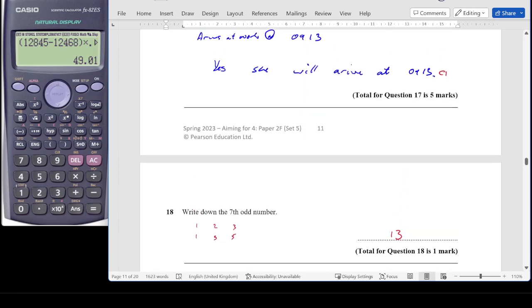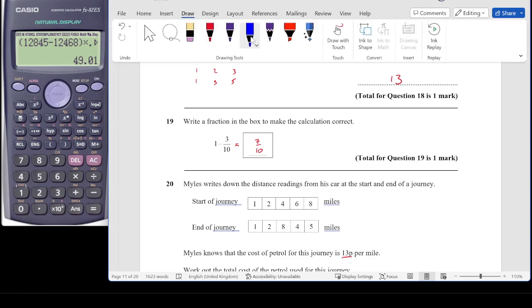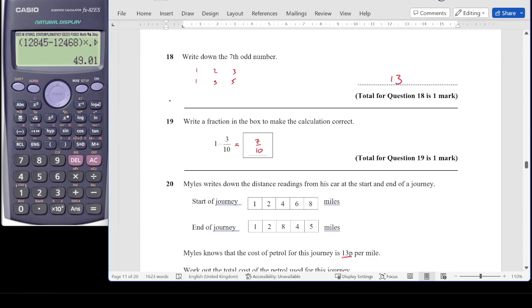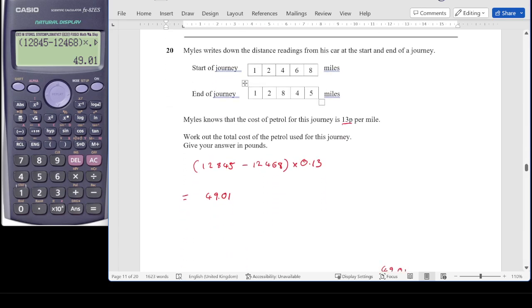So question 18. We pick up a B1 mark for 13. For question 19, again, B1 mark for 7/10. And then for question 20, it's P1 for the process to find the number of miles for the journey.